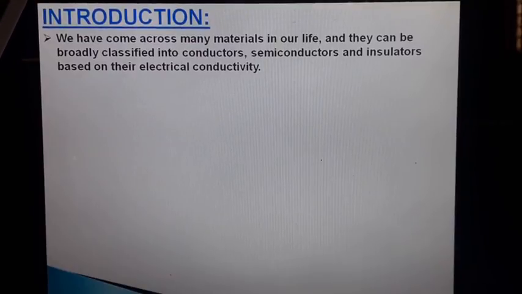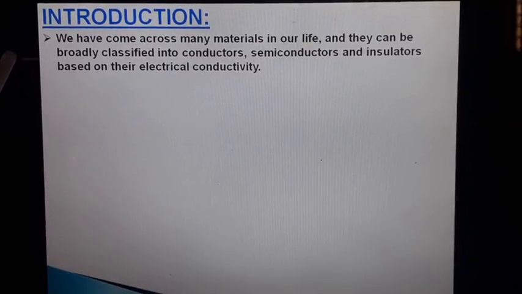Their components are manufactured from conductors, semiconductors and insulators based on their electrical conductivity. This is the main concept of this lesson.